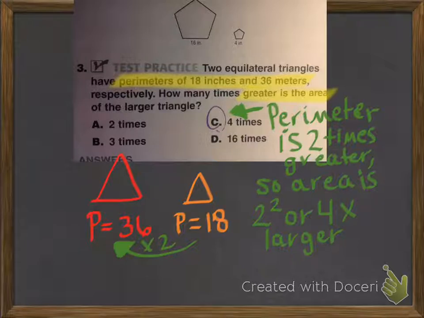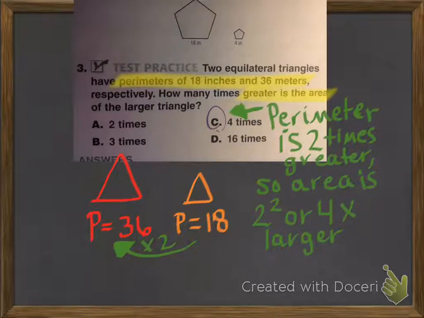Okay, moving along to question number 3 on the self-check for lesson 9.4. This is a multiple choice test practice question. So you have 2 equilateral triangles, which I tried to draw a picture of both of these. One has a perimeter of 18 inches, so I have P equals 18 for the smaller triangle, and 36 meters.